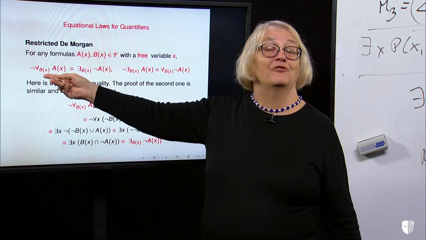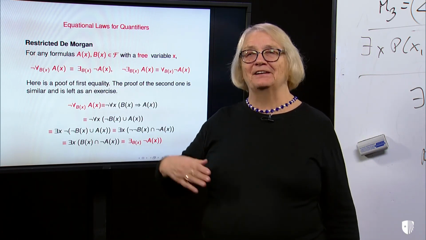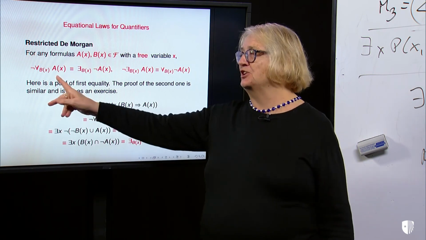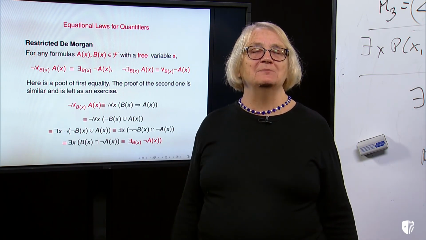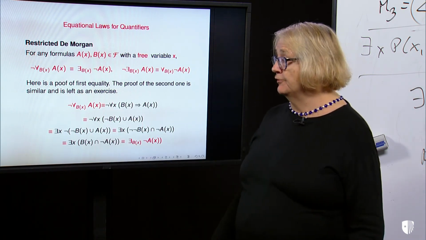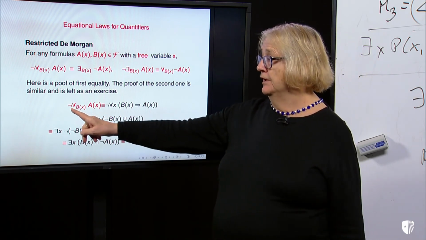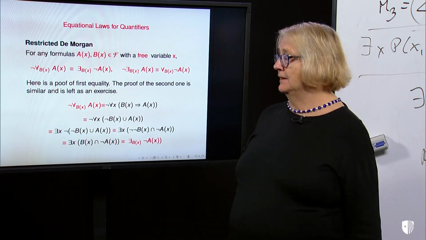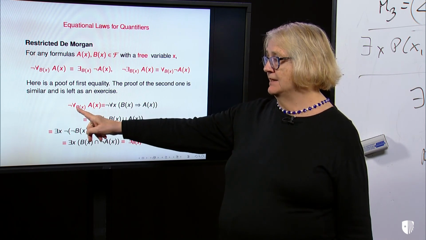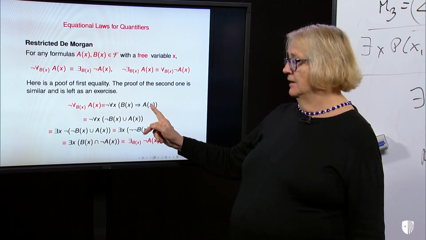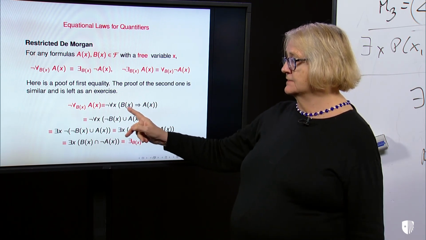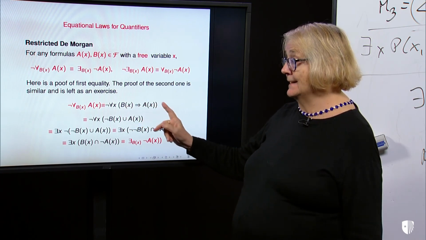That's fortunate. You can negate restricted domain exactly the same as you did the normal, and here's the proof. How do you prove it? You want to see what's happening here. You rewrite this by normal formulas, so that would be Bx implies Ax.